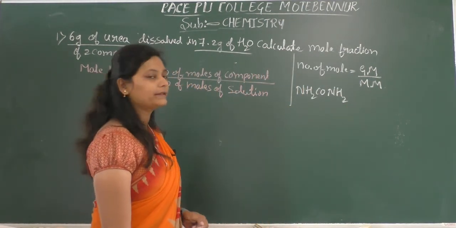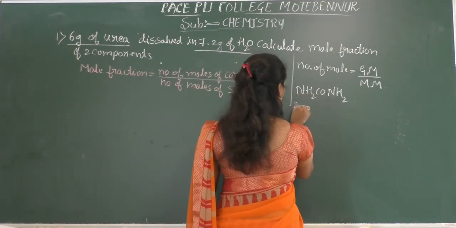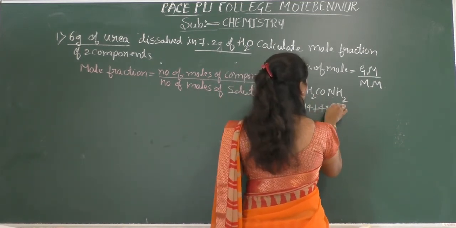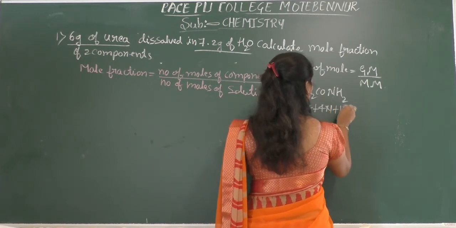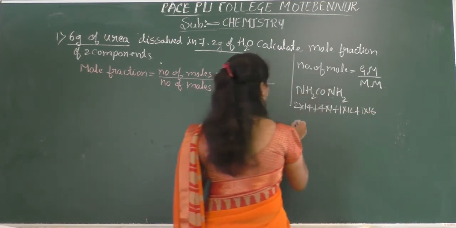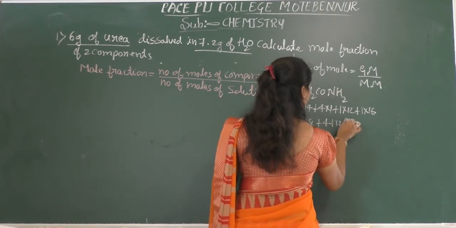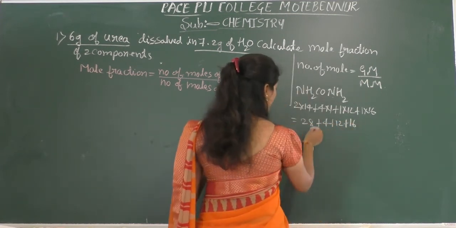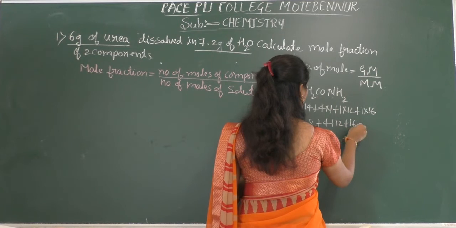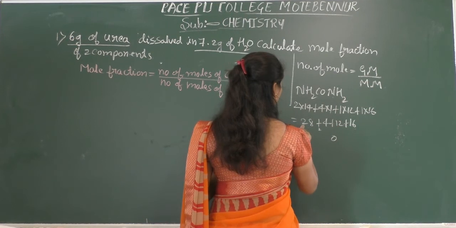So now we have to calculate the molar mass of urea. Okay, so here the total number of nitrogens are 2 into the atomic mass 14, plus 4 into 1, plus 1 into 12, plus 1 into 16. Okay, so next this one will become 28 plus 4 plus 12 plus 16, which is 60.